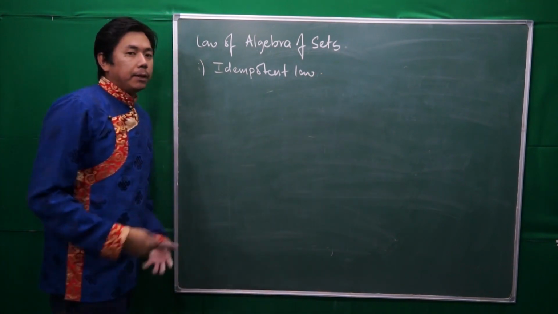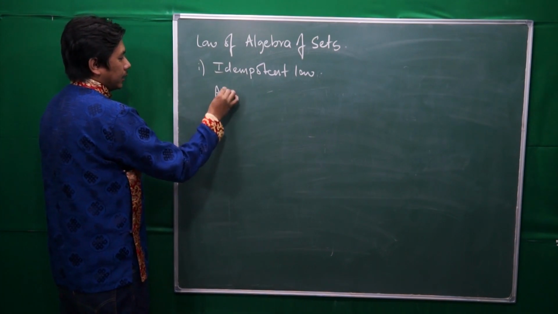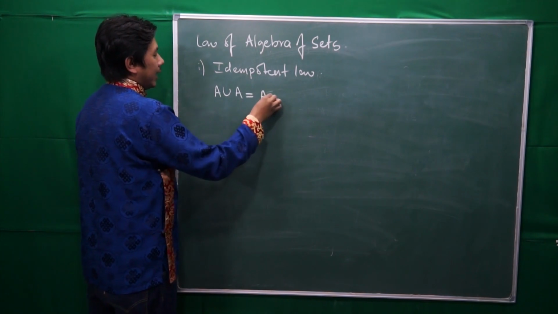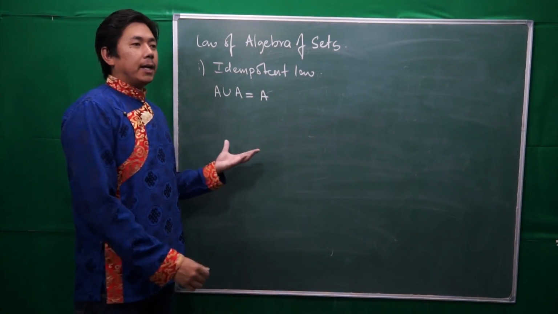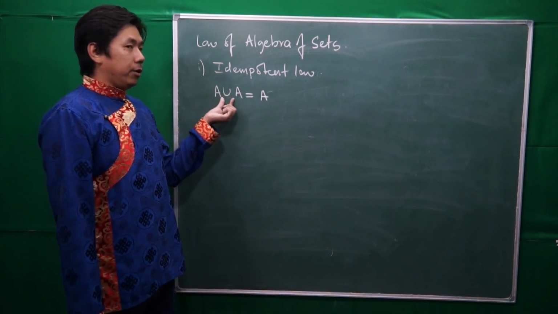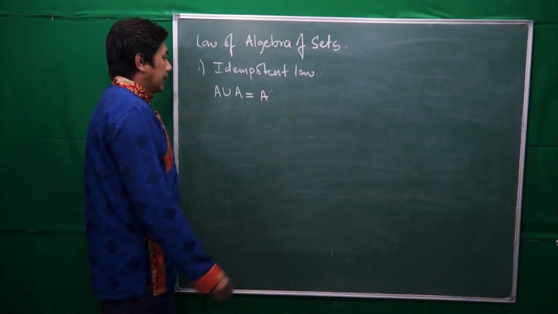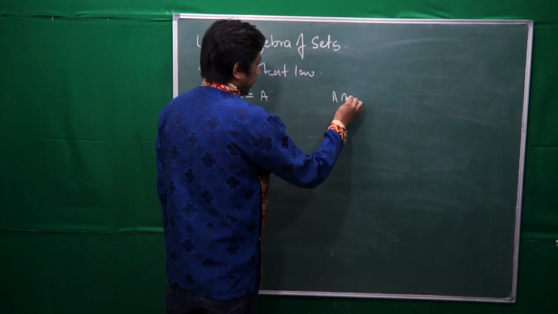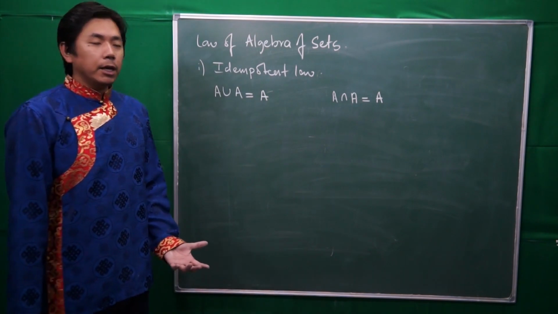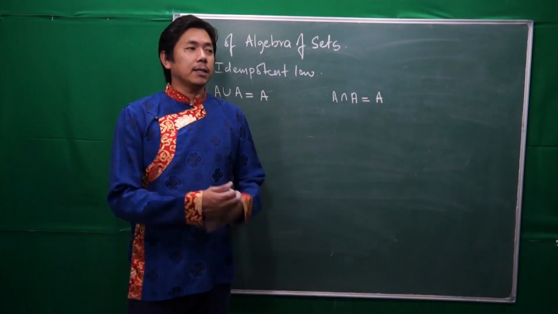In idempotent law, when A is operated by union with itself, we'll be getting A again. Through a Venn diagram we can clearly see that when the same set is operated by union, it will give me the same set. Similarly, for intersection, A intersection A would again give me A. So union and intersection with the same set would give me the same set.